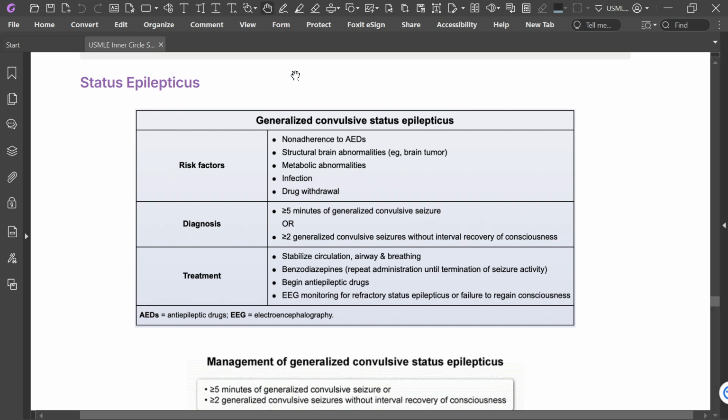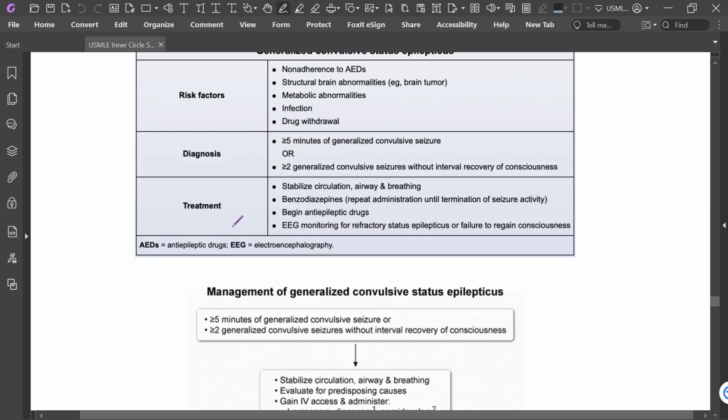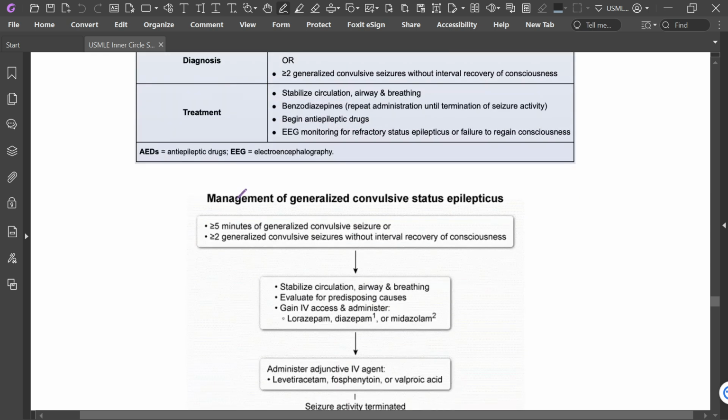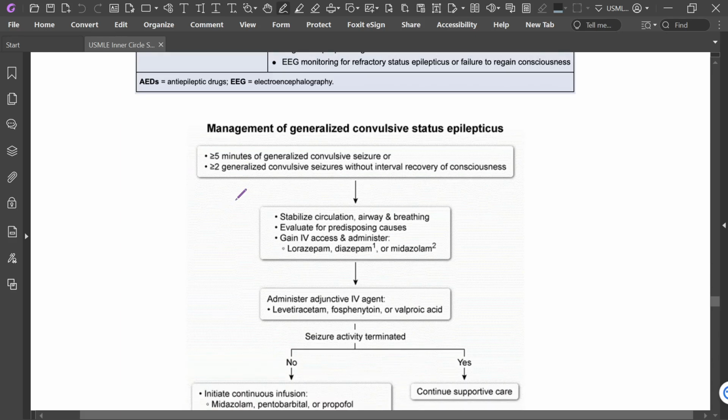Okay, now what is its management? Management of generalized convulsive status epilepticus. First, we need to diagnose 5 or more minutes of generalized convulsive seizure, or 2 or more generalized convulsive seizures without interval recovery of consciousness.